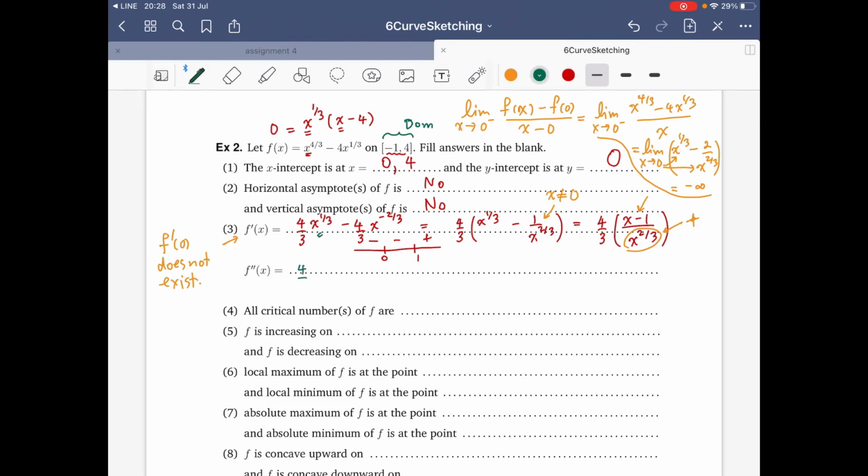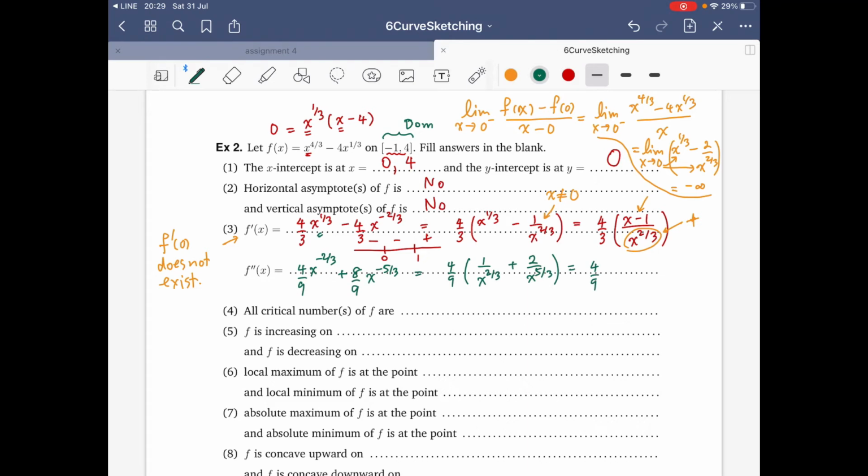And your f double prime, you can continue from here. We have 4/9 x raised to the power negative 2/3, and then plus 8/9 x raised to the power negative 5/3. So we have 4/9, and then 1 over x raised to the power 2/3 plus 2 over x raised to the power 5/3, right? So you are going to combine it.